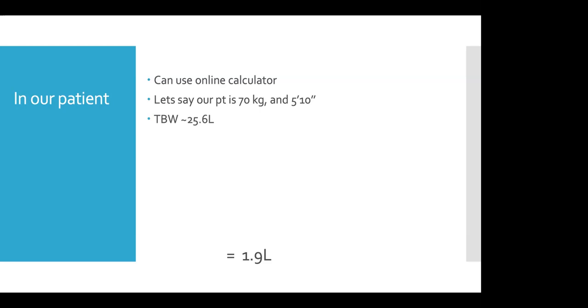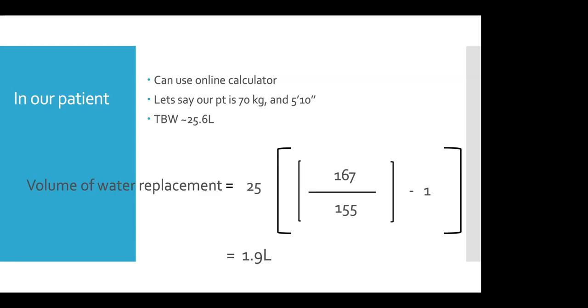But we'll say our patient's 70 kilograms and 5'10". Using the online calculators, their total body water is about 25.6. So then you look at volume of water replacement. We'll do 25 times, they said 167, and our goal for the next day would be 155 to go down by 12. And so basically you'd end up with a 1.9 liter deficit to get there.